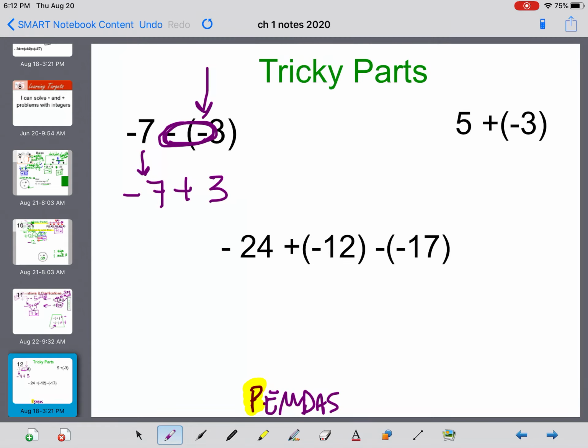Now I have a party versus battle situation. See, when I simplify these double signs, I'm doing my order of operations. I'm doing the multiply and divide part. And so once I've done that, once I've simplified, then I've taken care of the multiply and divide part, and all that's left is the addition and subtraction part.